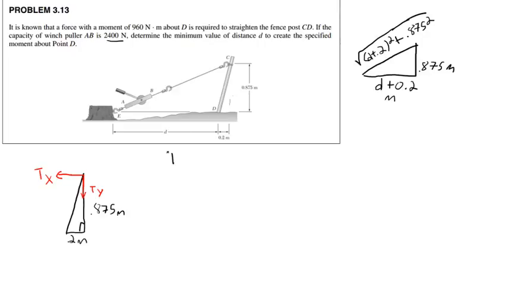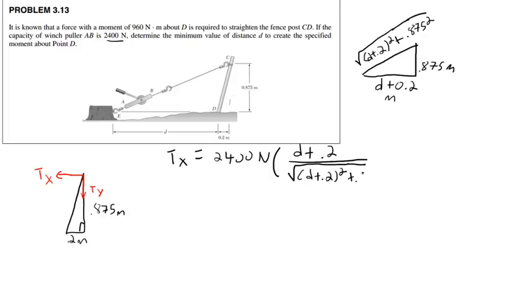Okay. So Tx is going to be equal to 2,400 newtons times (d plus 0.2) over the square root of (d plus 0.2) squared plus 0.875 squared, like so.